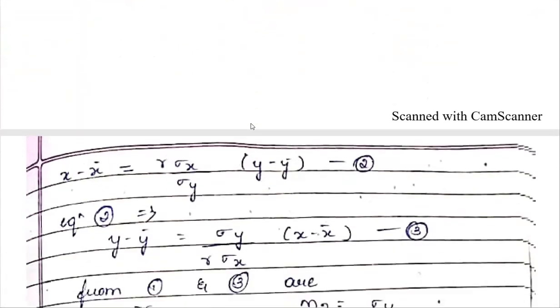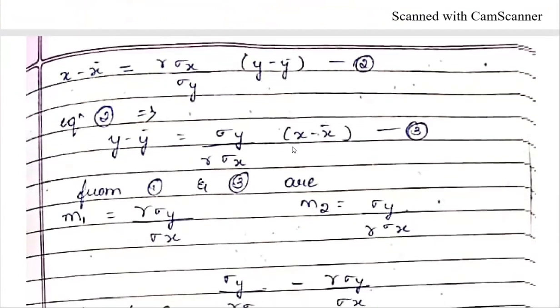And coming to the second line, what's the coefficient of x? Sigma y by r sigma x. That represents m2. That's what I've written here. From 1 and 3, m1 is r sigma y by sigma x, and m2 is sigma y by r sigma x.